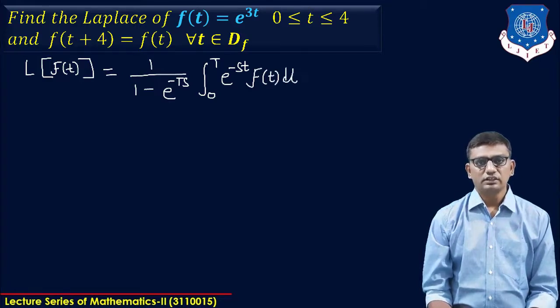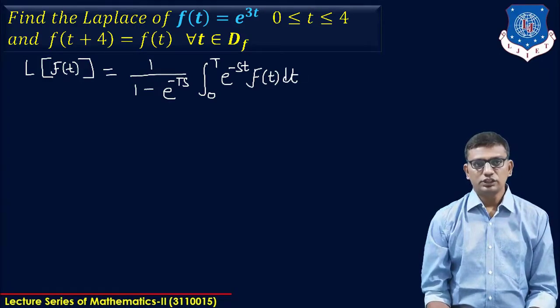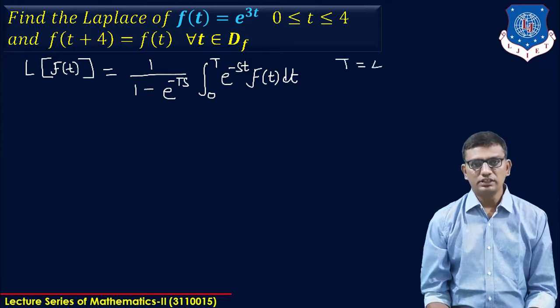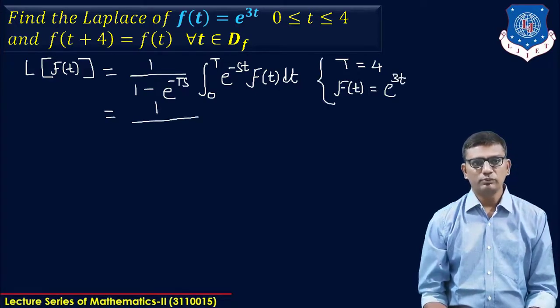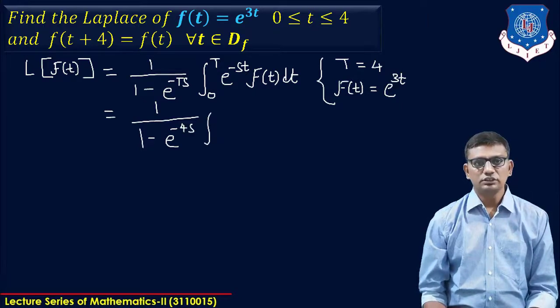Here our function is 4 periodic, so capital T is 4 and f(t) is e raised to 3t. Now we will put these values in the formula. We get 1 upon 1 minus e raised to minus 4s, integration 0 to 4 e raised to minus st into e raised to 3t dt.